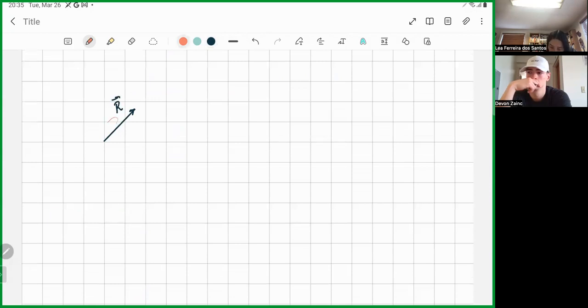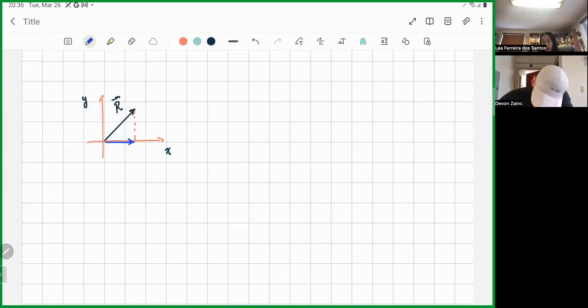If I choose some frame, basically, if I choose some basis, I could ask you, what is the projection of this vector in the x direction? So this is the x direction. What is the projection? You say, oh, easy. The projection is going to be just this part.